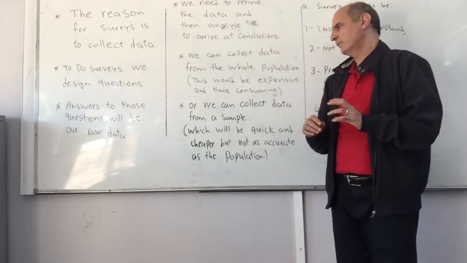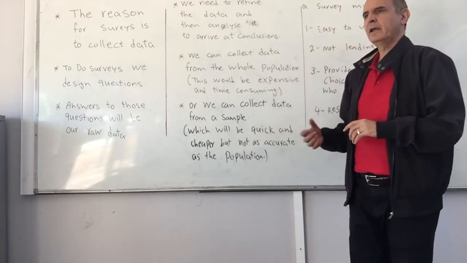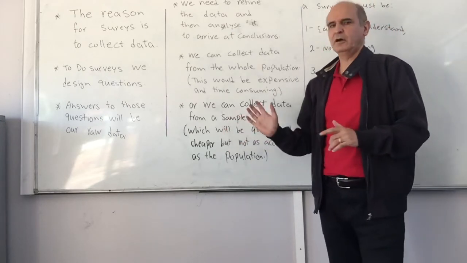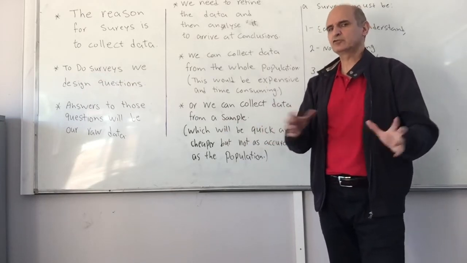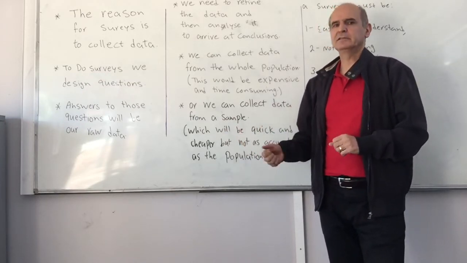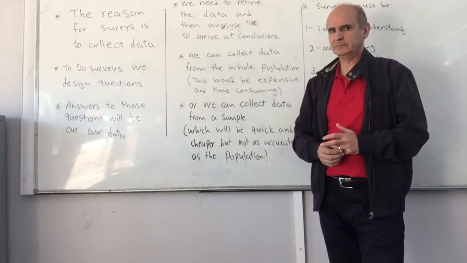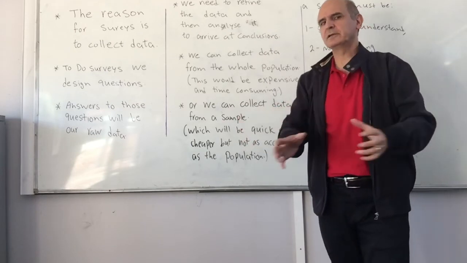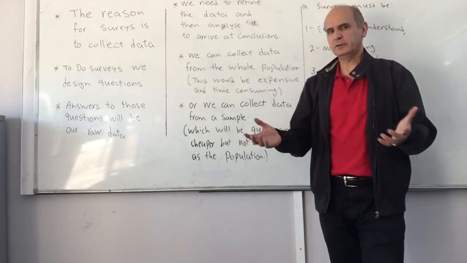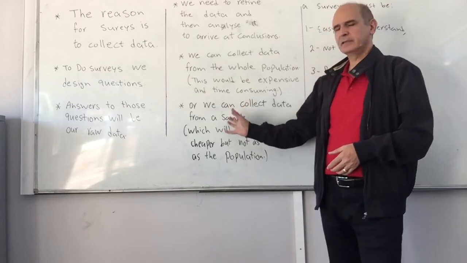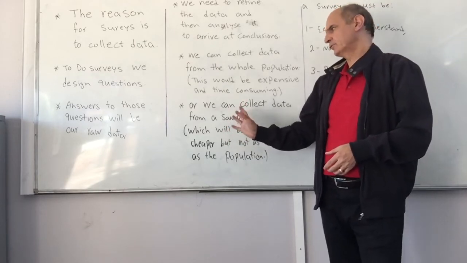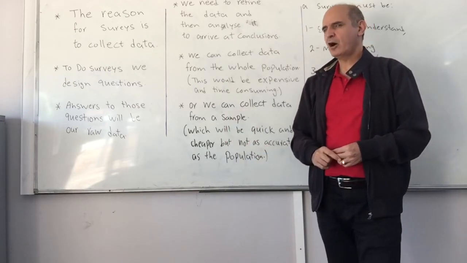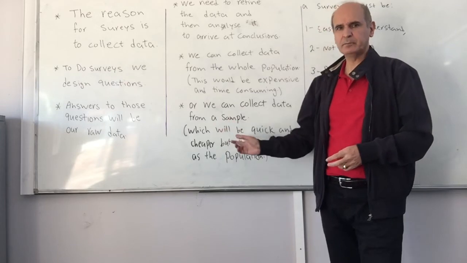Because they choose samples and they don't ask the whole population of the country. They might be asking thousands of people, and this doesn't work out accurately because those thousands of people don't represent the whole country properly. That's why this is a bit tricky, and we need to be very precise in the way we choose our sample.